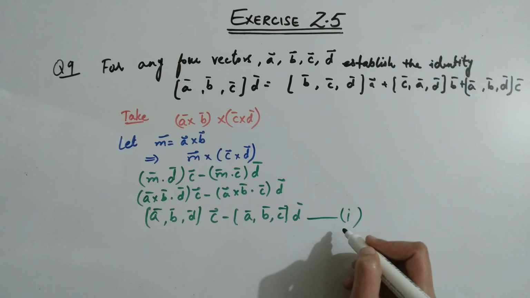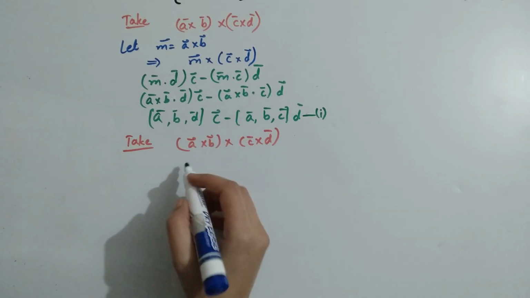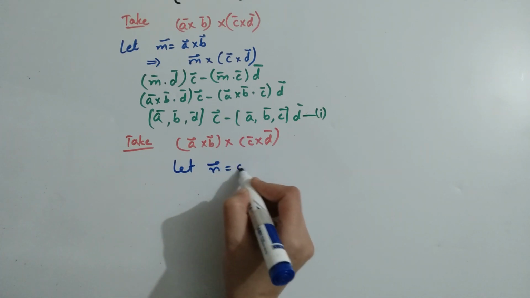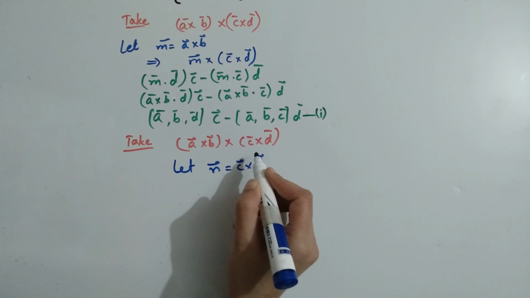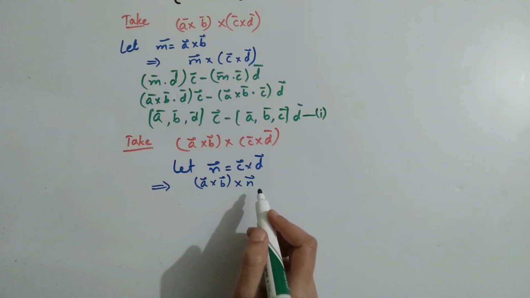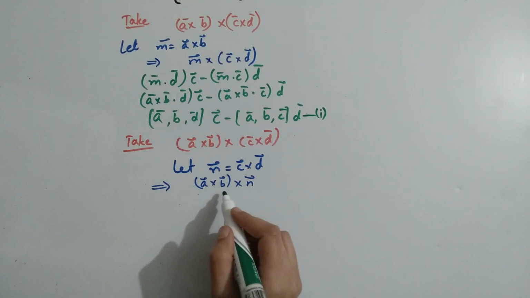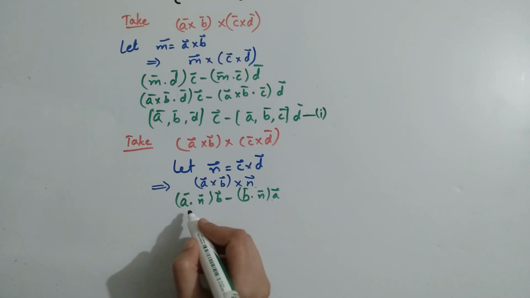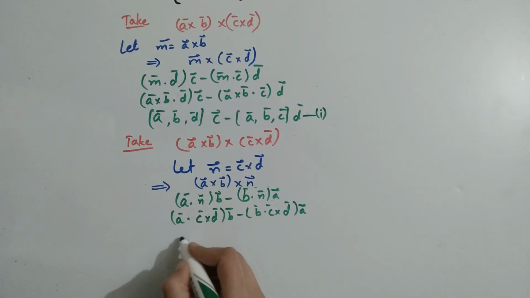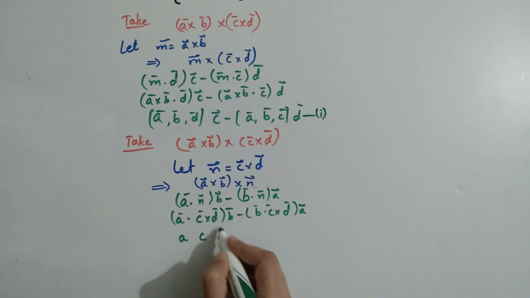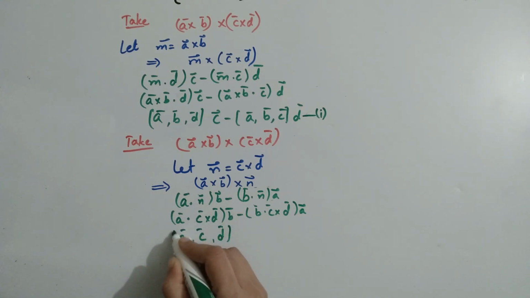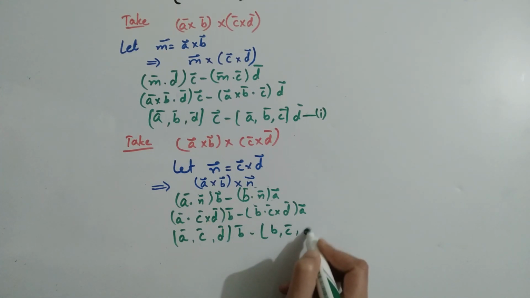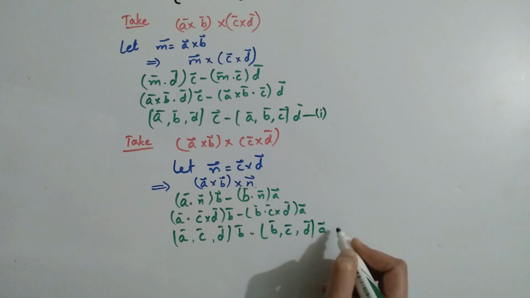Now again take this expression and let n equal to C cross D. Applying the vector triple product property from the right hand side, again putting the value of n here, which is C cross D. Now you can write this as ACD with B minus BCD with A. This is equation number 2.